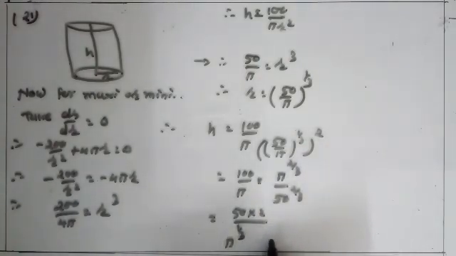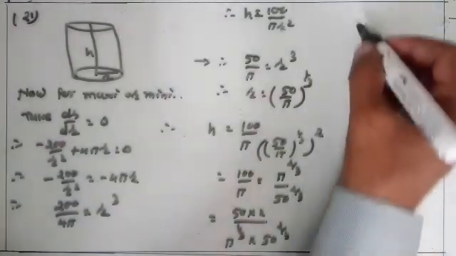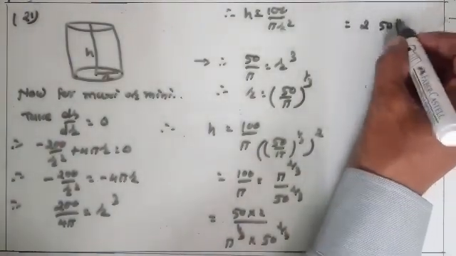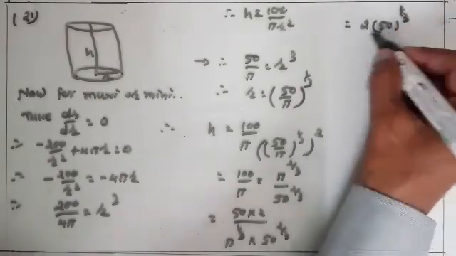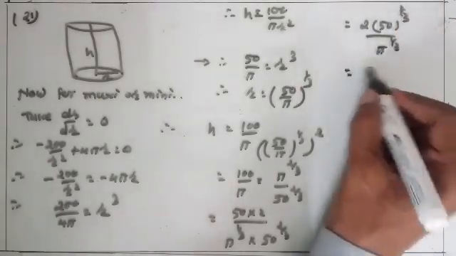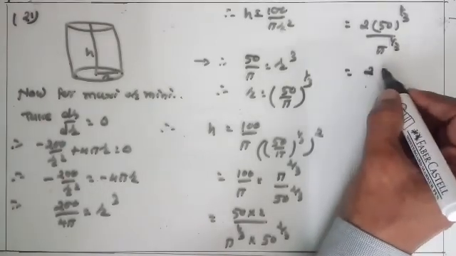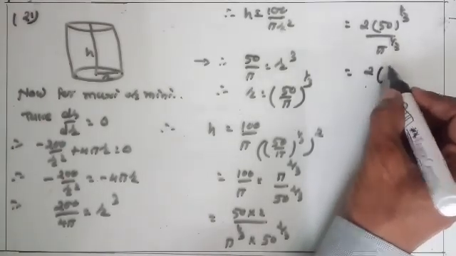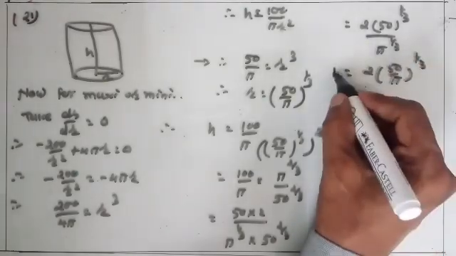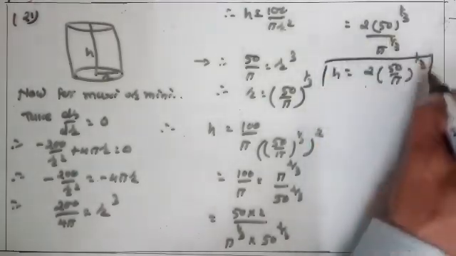Clear this? Into 50 raised to 2 by 3. Here 50 raised to 1 upon 50 raised to 2 by 3 becomes 2 into 50 raised to 1 by 3 upon pi raised to 1 by 3. So simplification, 2 into (50 upon pi) raised to 1 by 3. This becomes the height. Clear?